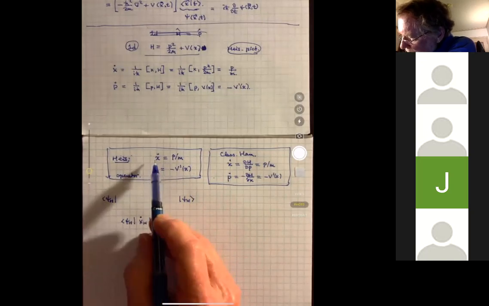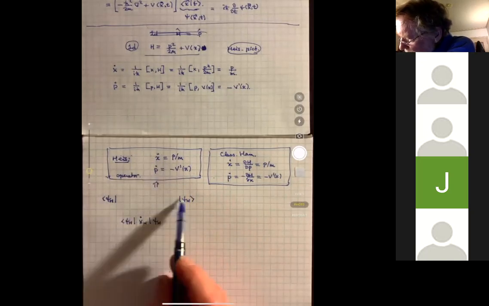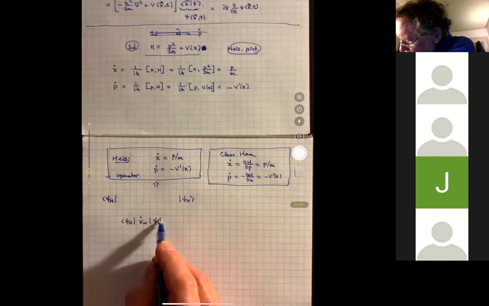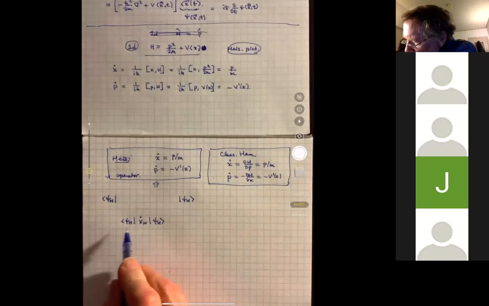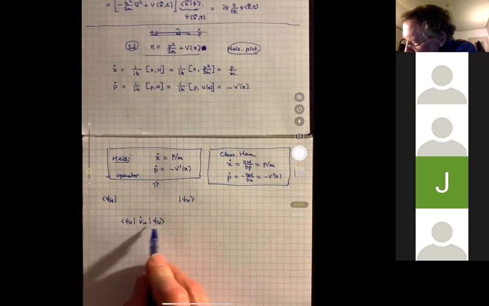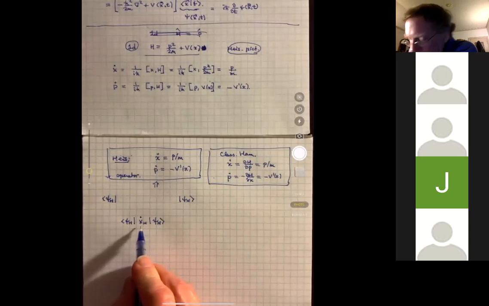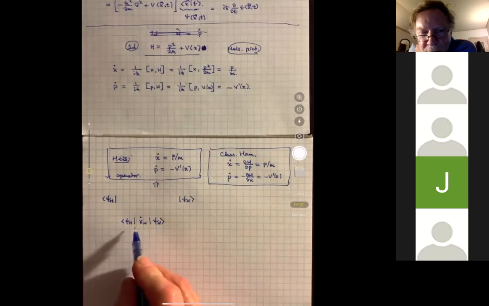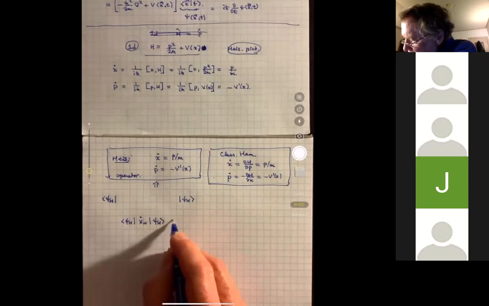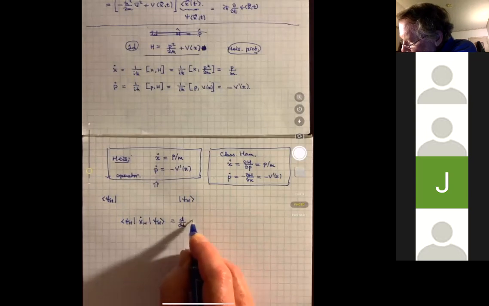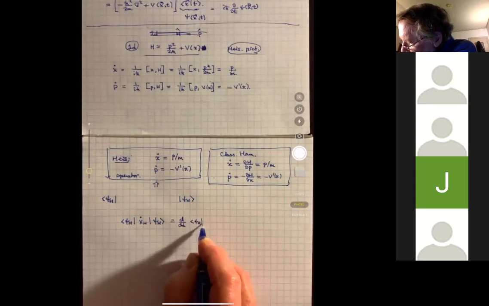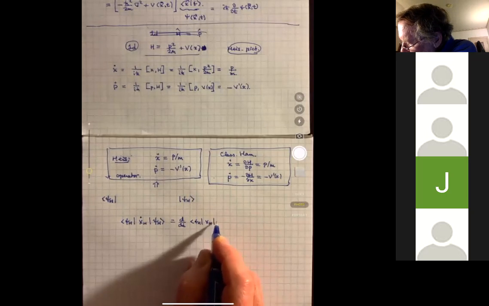This is what we get for the x dot part. Now in the Heisenberg picture, the only thing in these three objects that depends on time is the x, because operators in the Heisenberg picture depend on time. The psi H's don't. So this is the same thing as d/dt of psi H sandwiched around x Heisenberg without the dot.